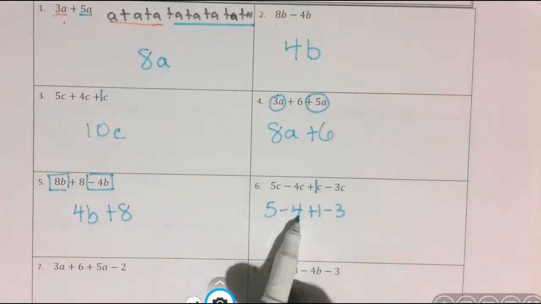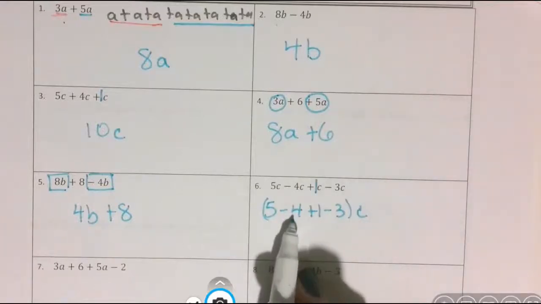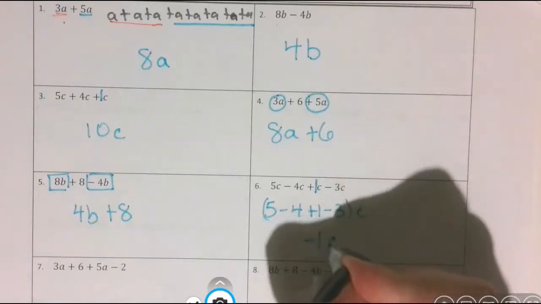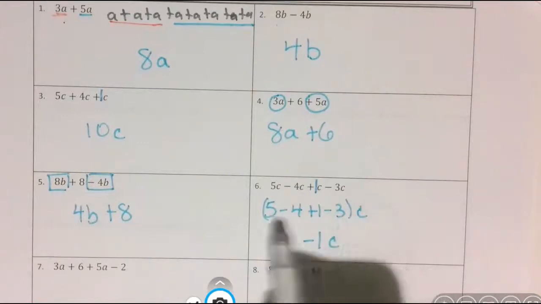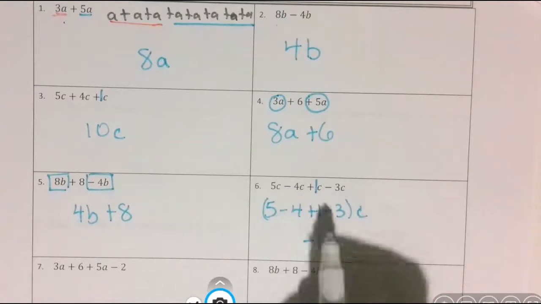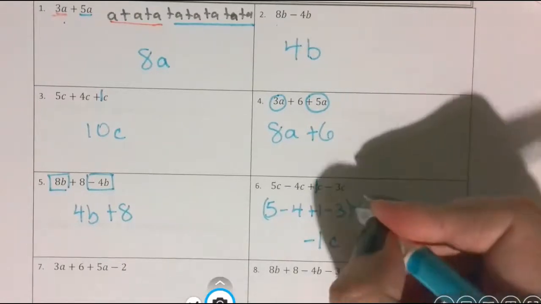So 5 and all of that is times c. 5 minus 4 is 1, plus 1 is 2, minus 3 is negative 1c for your final answer. And here I made my thinking visible by putting all of my coefficients together and multiplying them by c.